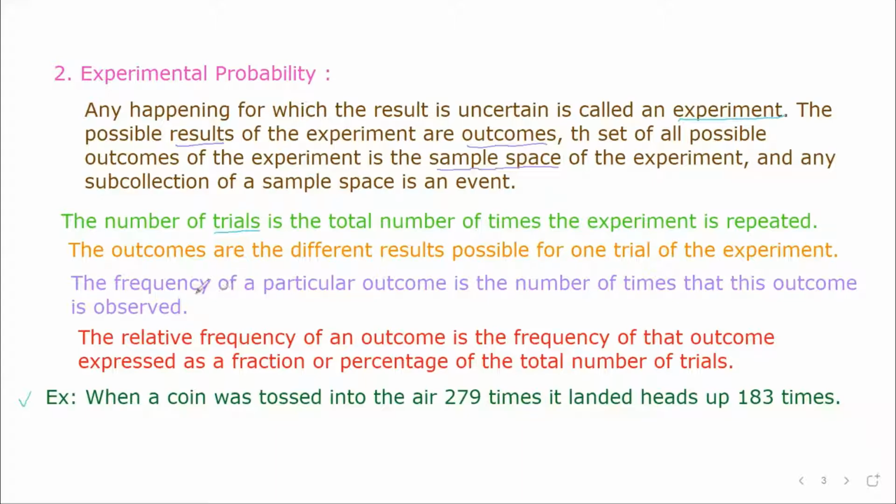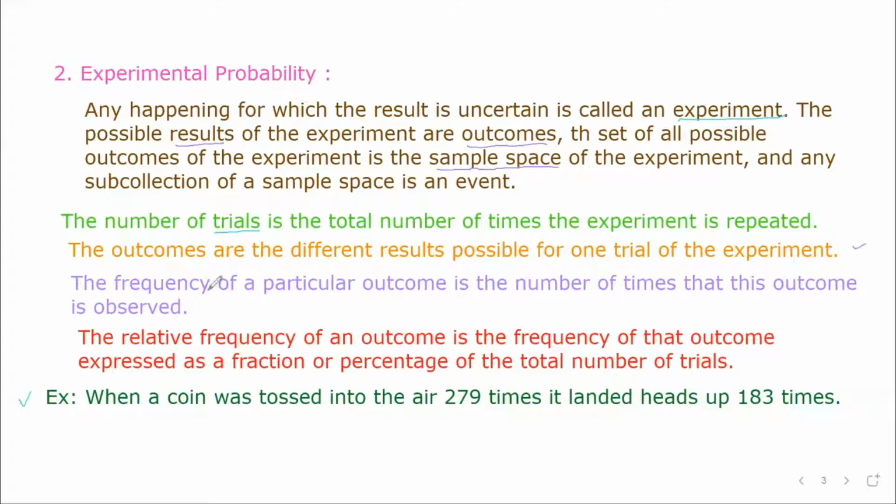So we can say the outcomes are the different results possible for one type of experiment. That's a similar meaning here, just to describe more the meaning of the outcome or the sample space.